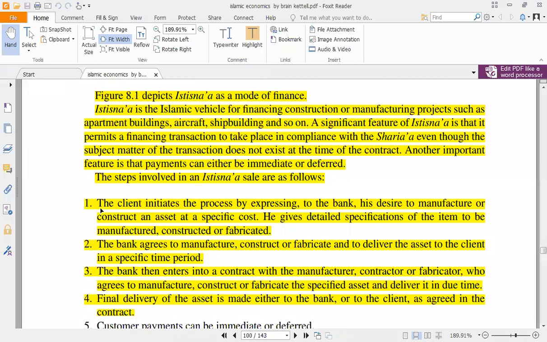When we combine these 5 steps, then we can easily understand the mode of financing. The first step is that the customer initiates the process.